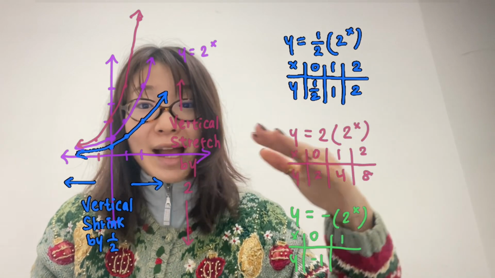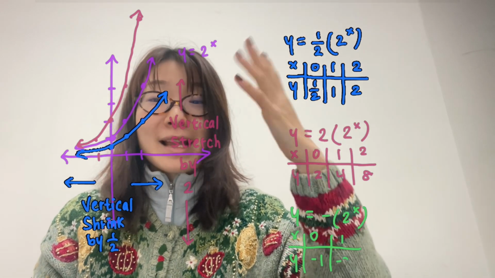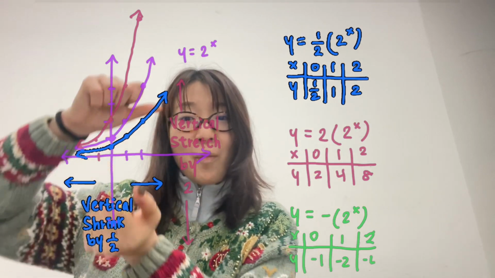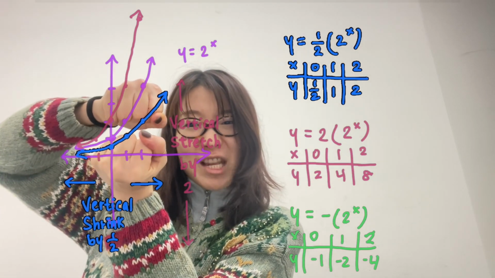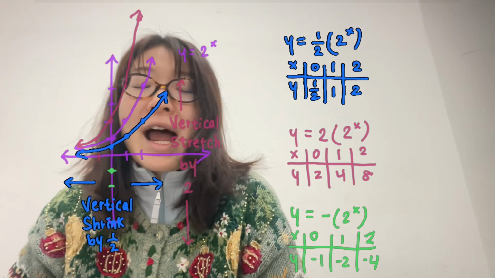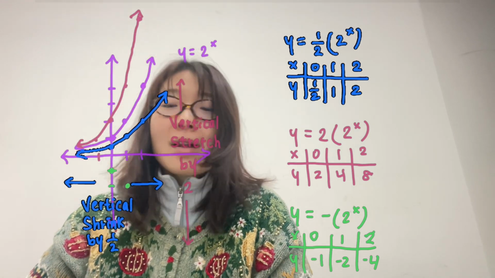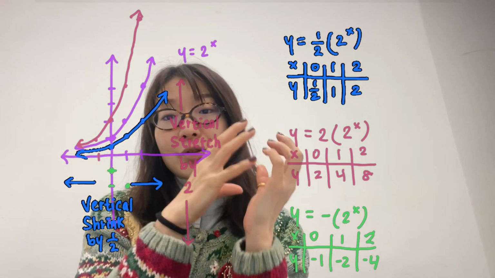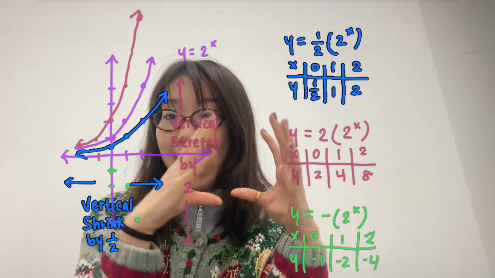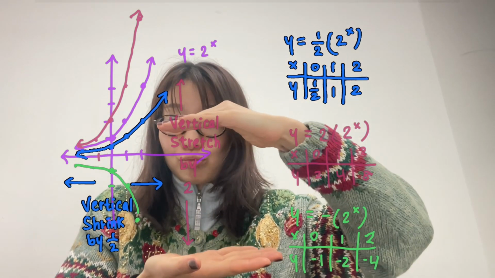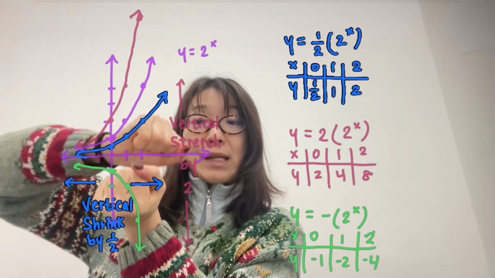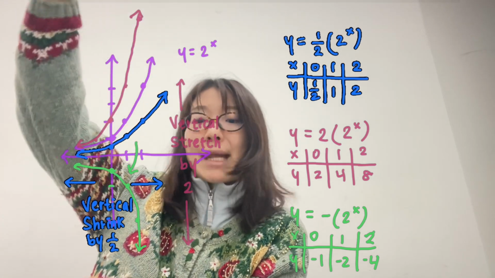So once I graph them, what I notice, as you can see in the red graph, is that it's almost like you take the original graph and then you stretched it, elongated it. So we call that vertical stretch. So my blue graph represents vertical shrink by half, like somebody pressed it down by half, and my red graph represents vertical stretch by 2.